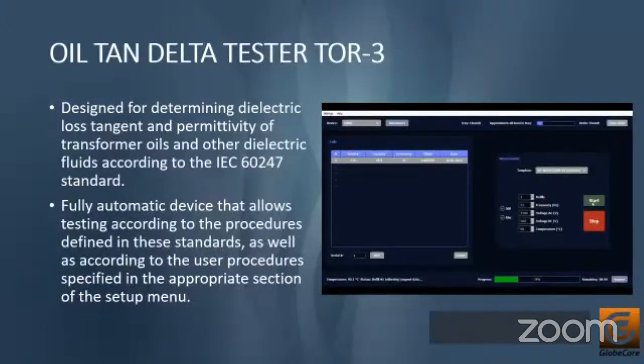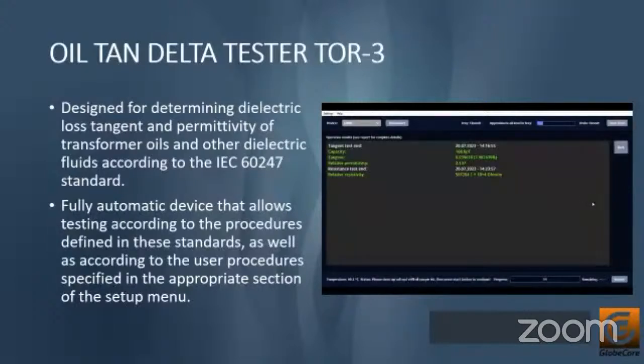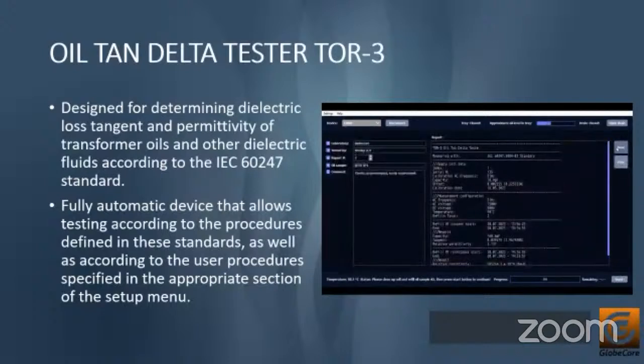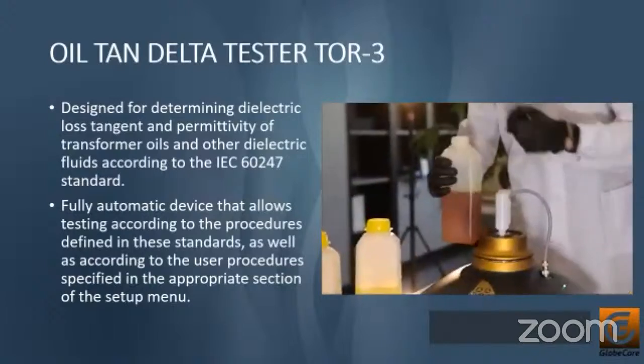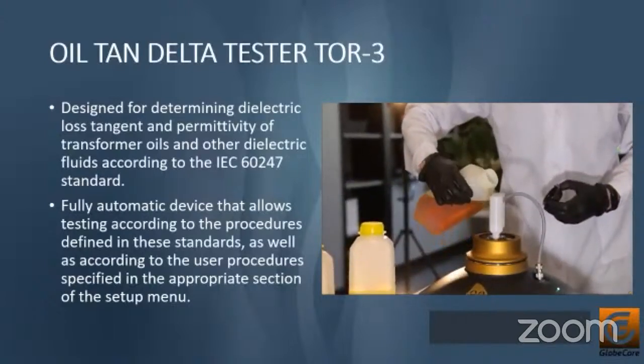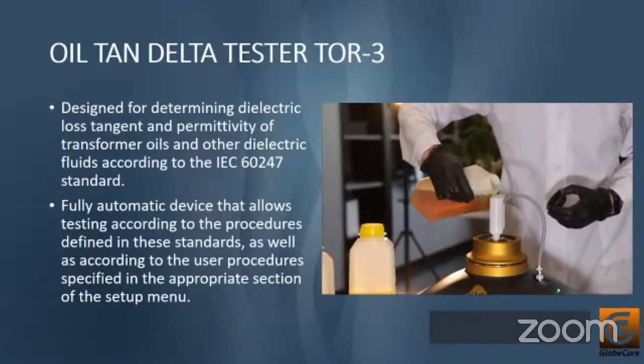That means you will need some time to reach every single measurement, but when you reach the temperature, the machine will run the measurements of the tan delta in an easy way.